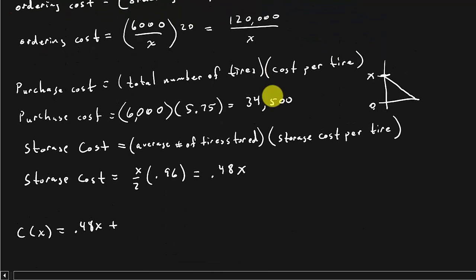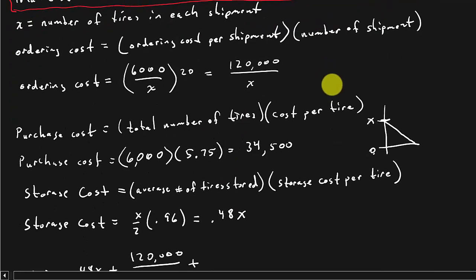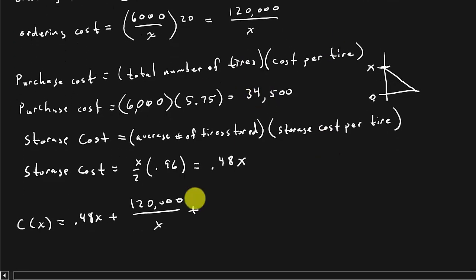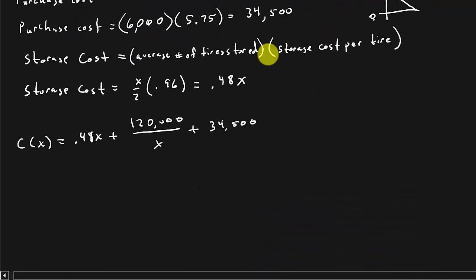The ordering cost was this right here, 120,000 over X, plus the purchasing cost. That's 34,500. I'll write it here.